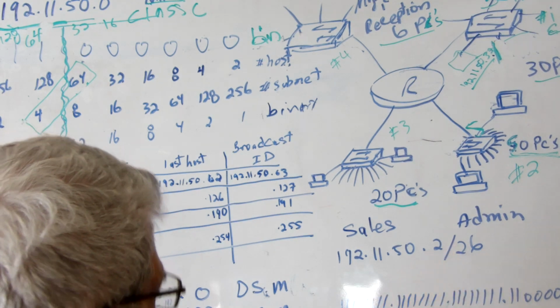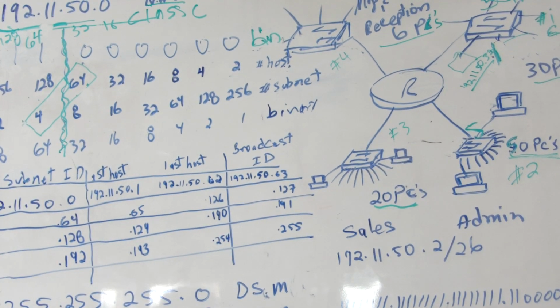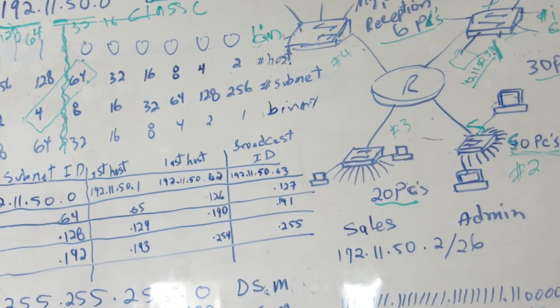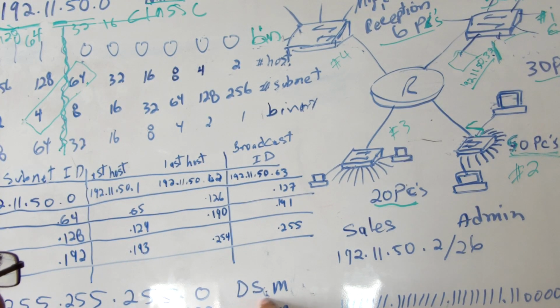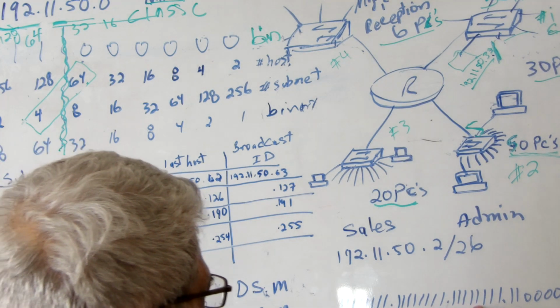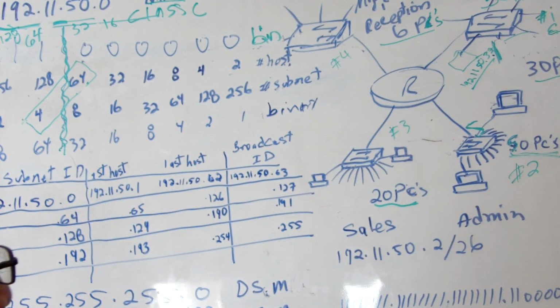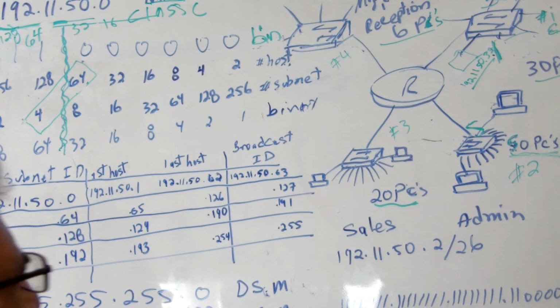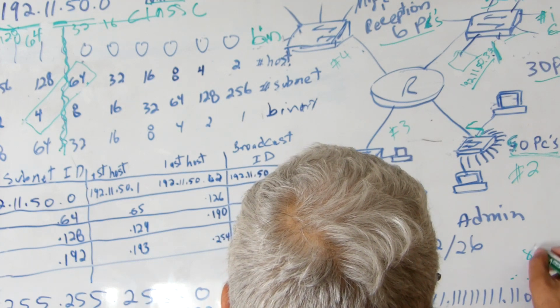Now there are 26 ones used, because in the default subnet mask, there are 255, 255, 255. And then now we have 2 bits borrowed. There are 8 bits here: 1, 2, 3, 4, 5, 6, 7, 8. 8 bits, okay?